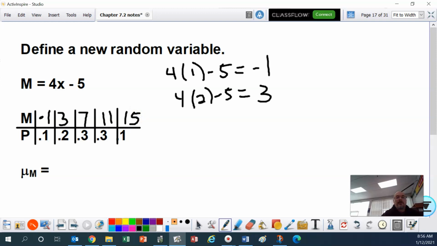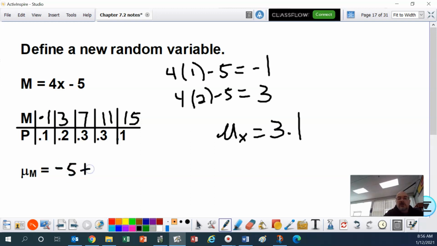Let's see. Yep. So I'm not going to do all of this work to figure out what the expected value is, folks, because again, remember the expected value of x is 3.1. So all we're going to need to do here, and I'm going to use the correct notation this time, is take -5 plus 4 times the mean of what x was, right? Sorry, it's the 4 that comes next.